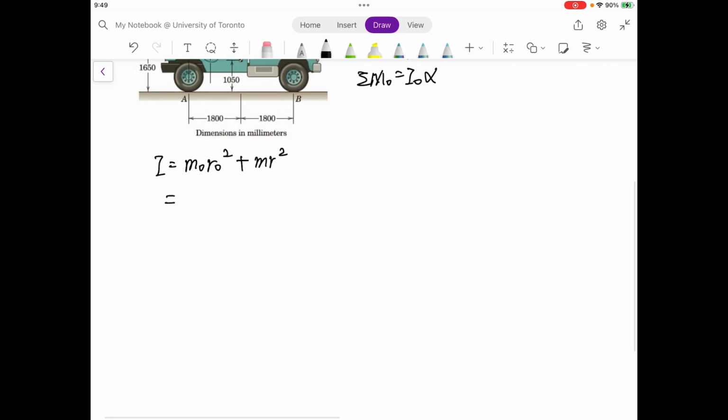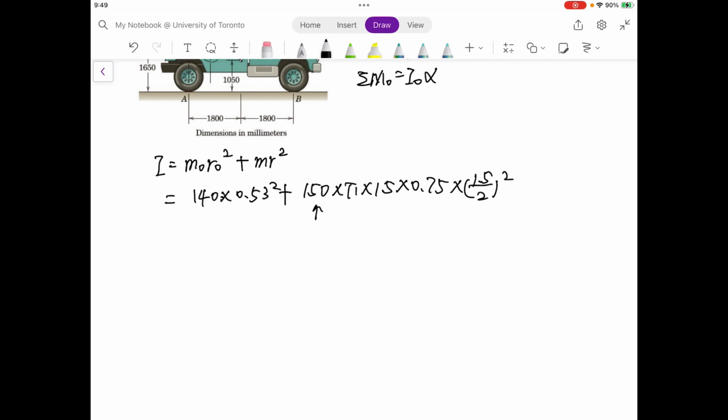This is equal to 140 times 0.53 square plus 150 times pi times 1.5 times 0.75 times (1.5 over 2) square.